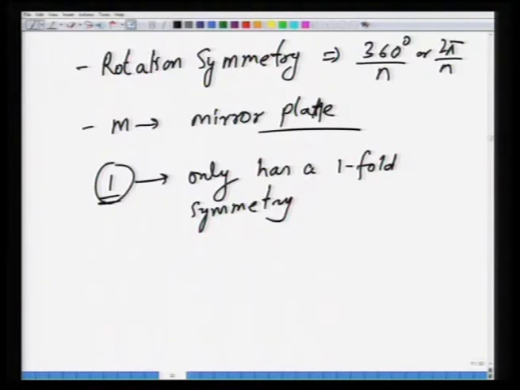So, this material is the worst possible candidate in terms of symmetry operations. And then for instance, you can also have 222, and this 222 will mean this material has 3 two-fold axes.